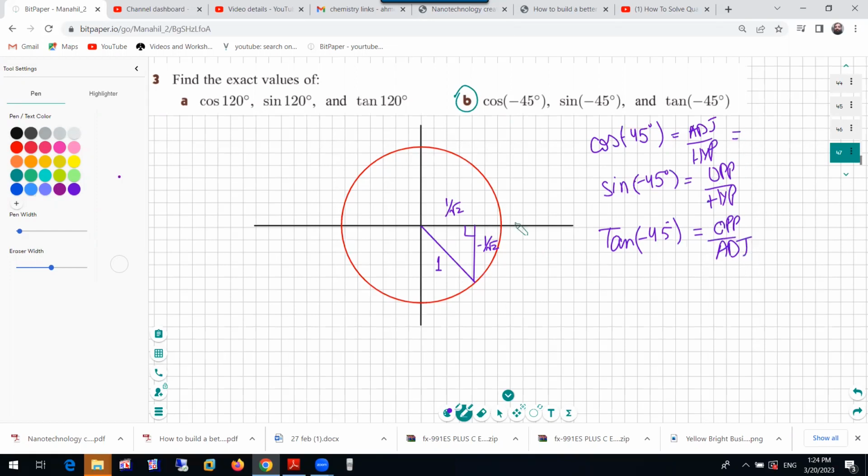So this time adjacent side is 1 over square root 2. Hypotenuse is 1. So answer will be 1 over square root 2, right? Opposite side is negative 1 over square root 2 over 1. So answer is minus 1 over square root 2, right? So is this the same question, but just in degrees? Yeah, in degrees, obviously. So tan is opposite, which is minus 1 over square root 2, over adjacent side, which is 1 over square root 2. So cancel, minus 1 is your answer, right? Yeah.